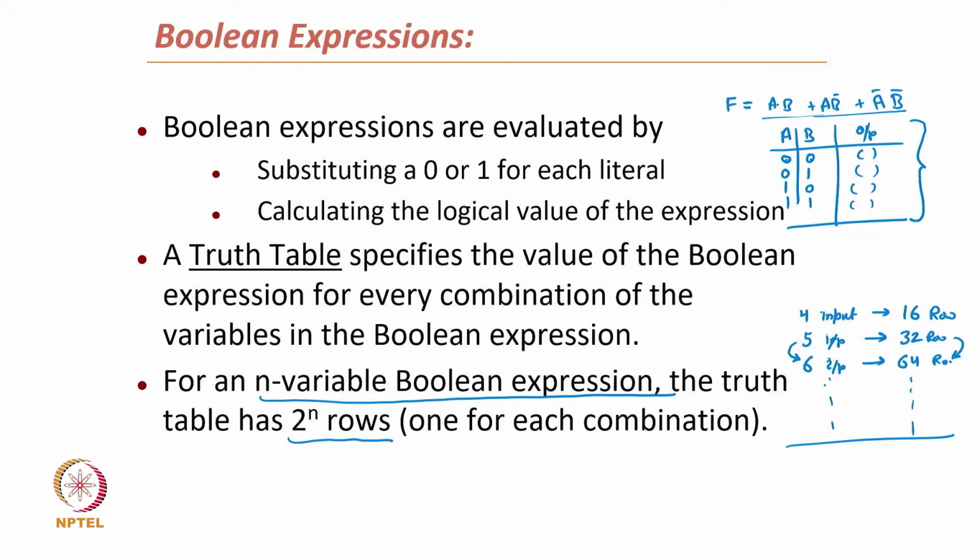It may be okay, but if we go for a 7 input gate, then the truth table has 128 rows, which will be very difficult to implement because the complexity goes exponentially as 2 to the power n. So, it is desirable not to have a very large number of inputs to a single gate, because the complexity increases very drastically.